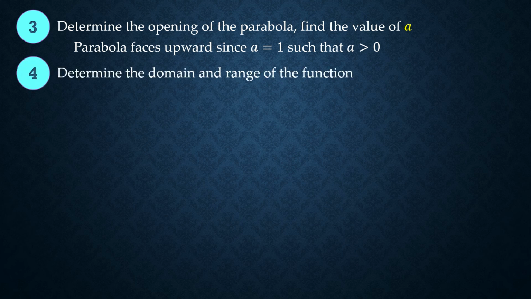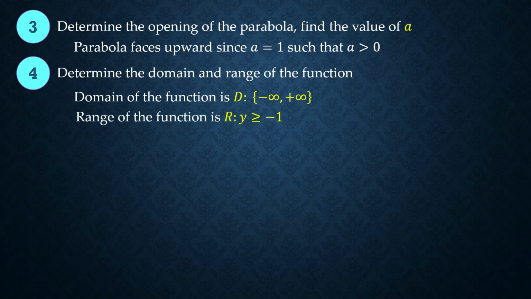Fourth step, determine the domain and range of the function. Obviously, the domain is the set of all values of x, in short, negative infinity to positive infinity. For the range, the vertex is (4, negative 1), so the expected value of y here is negative 1.